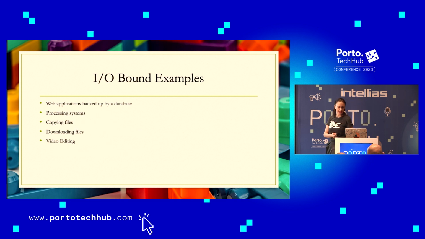Now, on the other hand, IO bound means that a given task often waits for IO. So networking, file IO, and so on are considered IO bound examples. And you also have some of those here, like processing systems, usually web applications backed by a database, video editing, downloading files, and so on.